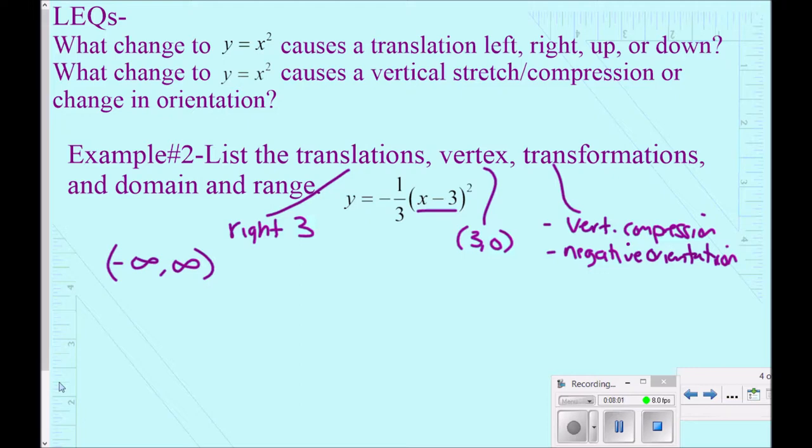So thinking about this sketch, 3, 0, the y value is 0 for that point, and the vertex is the highest point because we already said this is an upside down parabola. So if I'm picturing an upside down parabola with 0 being the highest y, then we know that means the range goes from negative infinity, because it's pointing down, to 0, and it does equal 0, so bracket.